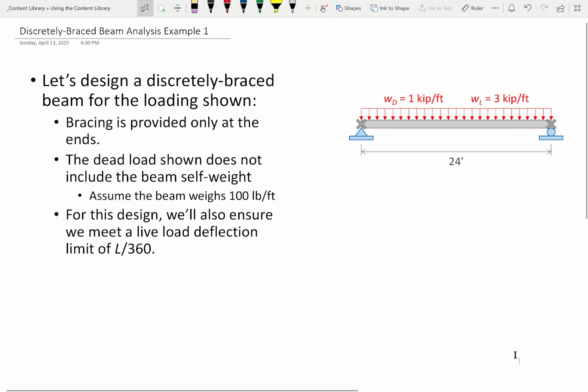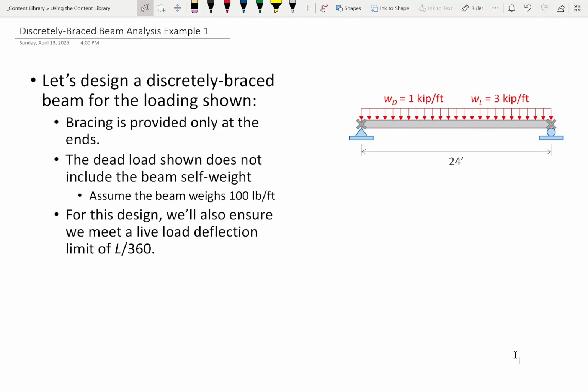So we have a discretely braced beam, and I have given you a beam that is only braced at the ends. It's not braced in the middle, it's not braced throughout. The only bracing that's provided is at the ends. So what is LB for this beam? 24 feet. So the length and LB are in fact the same for this beam.